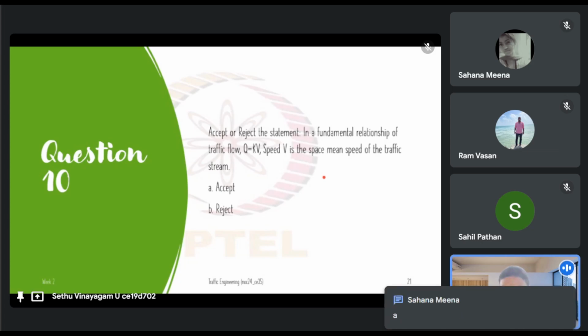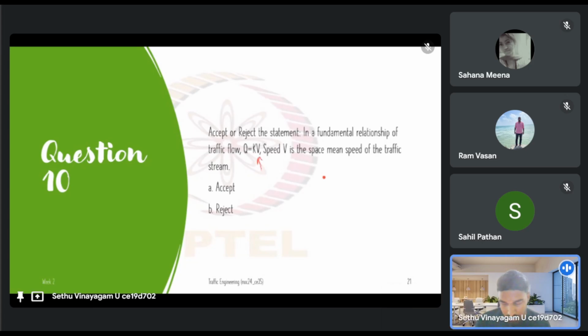Yeah, so two accept. So that is correct because as we already saw in that question, the V in Q is equal to KV is V_SMS and not the V_TMS, right? So when we are talking about this fundamental relationship, we always talk in terms of the space mean speed.